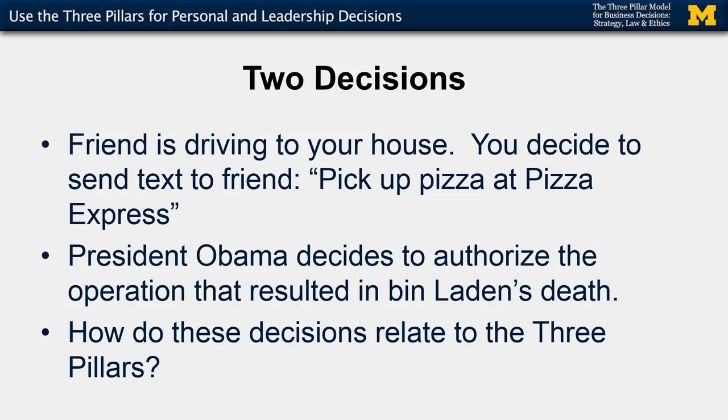You want your friend to pick up the pizza. The leadership decision is President Obama's decision to authorize the operation that resulted in bin Laden's death. My question to you is, how do these decisions relate to the three pillars? So please hit pause and jot down your thoughts on this. How do these two decisions, one leadership, one personal, relate to the three pillars?